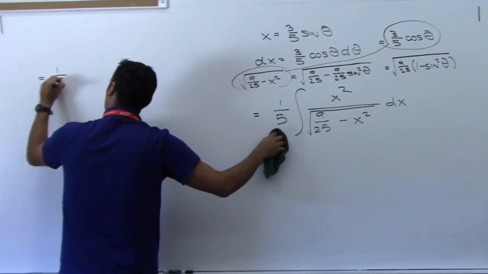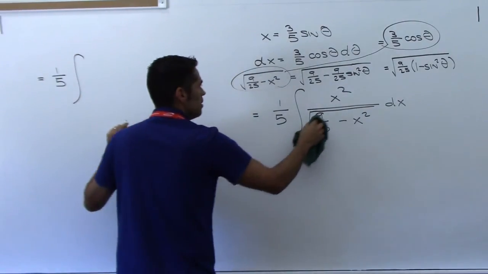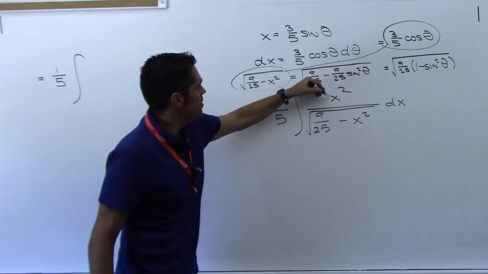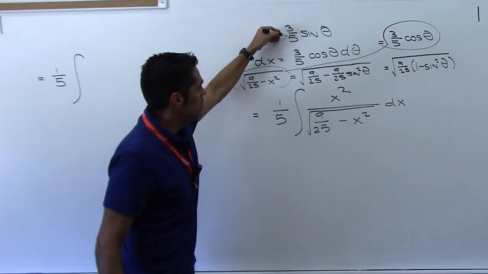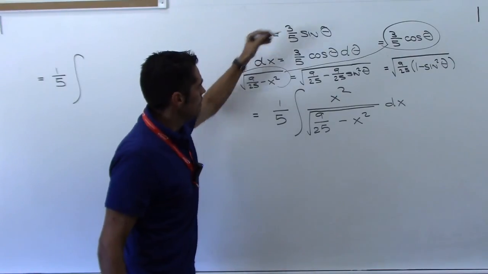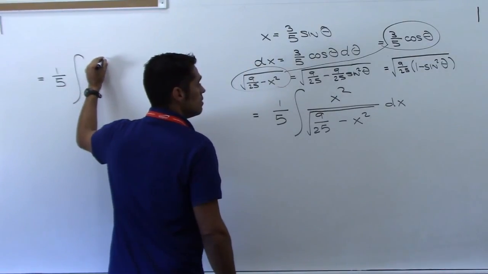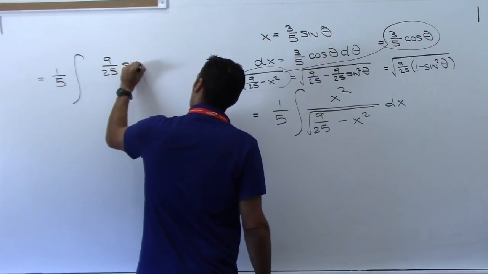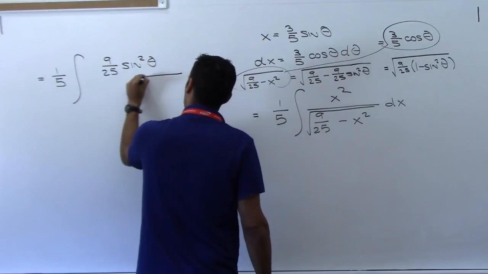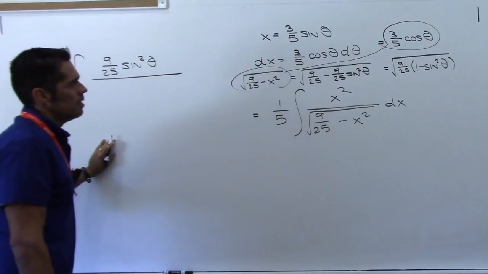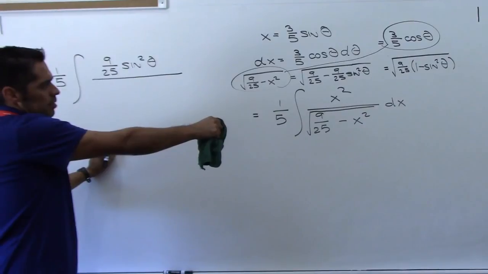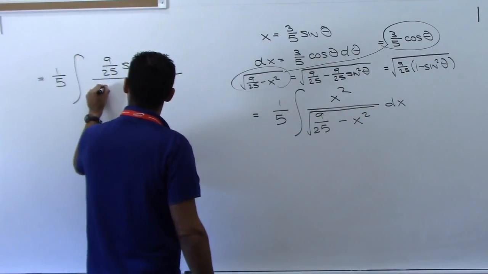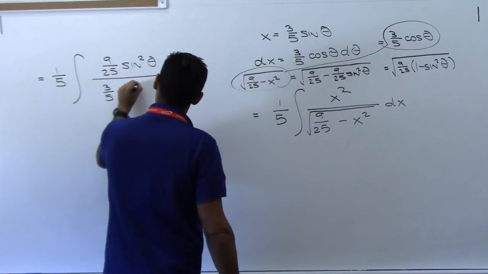equals 1/5 integral, x squared on top. So x squared for us is this squared, which is 9/25 sine squared theta on top over the root part, which turns into 3/5 cosine theta.